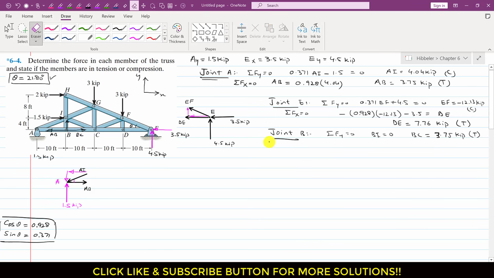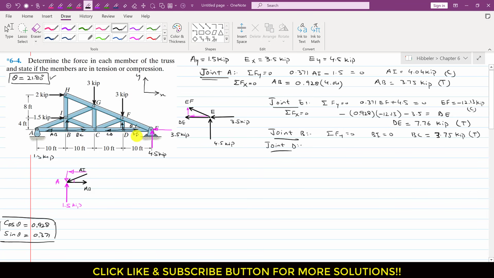So if we consider joint D for equilibrium, so again at this joint D, if we draw the free body diagram, we know this DE member force, and this is a tension force, so again it will be tension force here as well, right? And similarly, let's assume that this is that CD member force, this is that CD, and this is DE, and let's assume that this is DF member force.